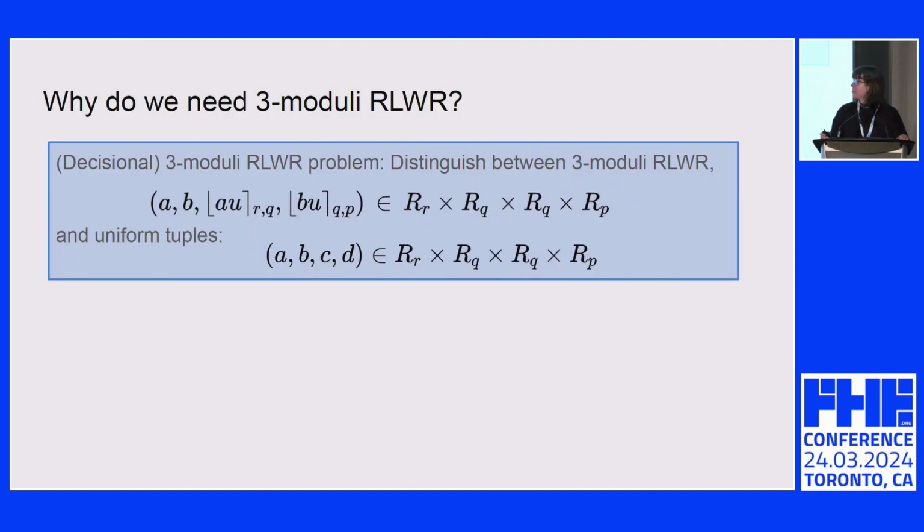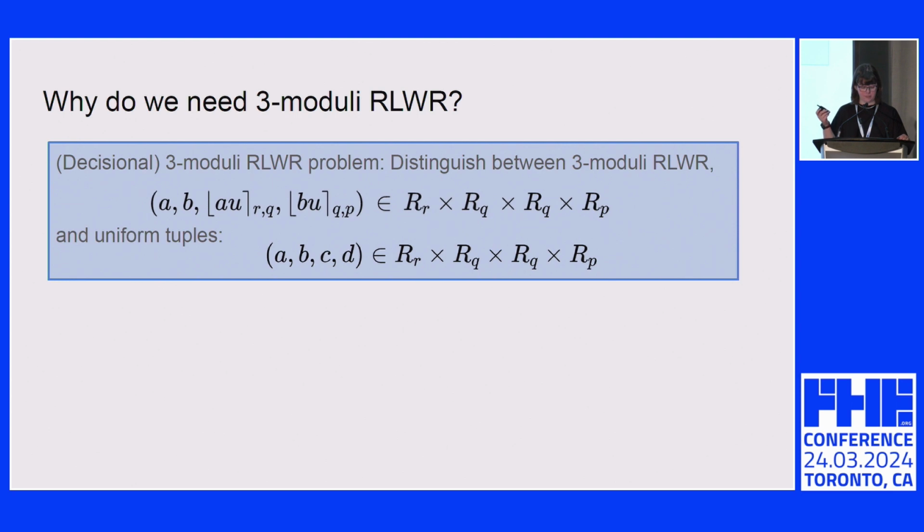So at the top you can see here the 3 moduli ring learning with rounding problem. This is exactly the version that we saw in the security proof, where you have your U's the same, and I hope I got all my R's and Q's and P's in the right place. I think it's good. So this is distinguishing this particular form, which is what we had in our security proof, from uniform.